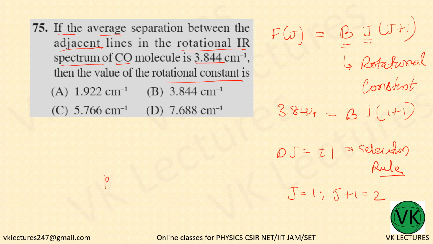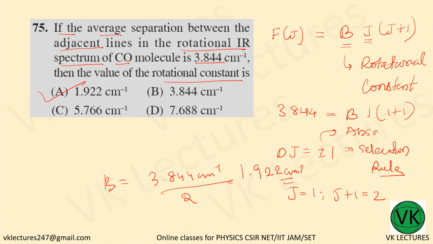B is equal to 3.844 centimeter inverse divided by 2, that is equal to 1.922 centimeter inverse. So your option A. Now if delta J is plus 1, this is called absorption. Delta J minus 1, emission.